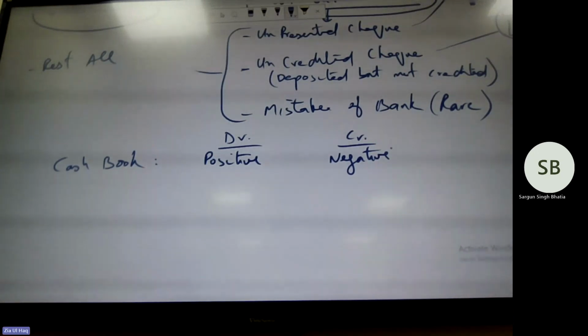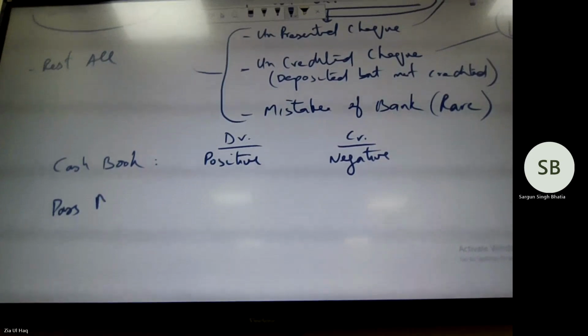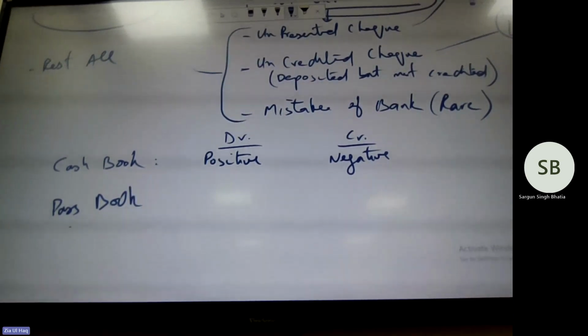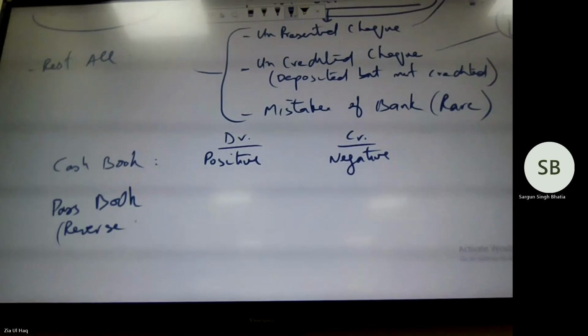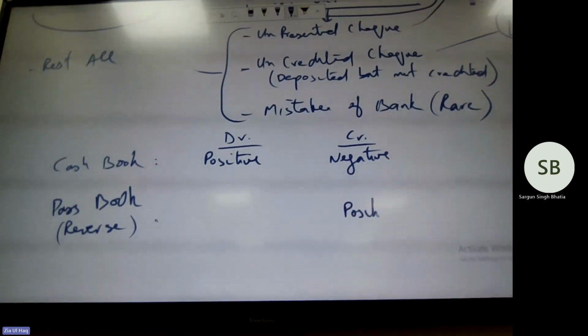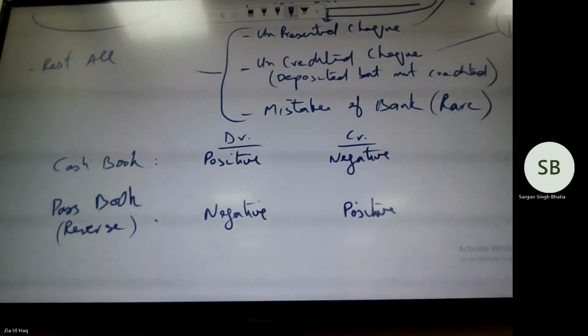In the passbook, the things are in reverse nature. Any positive balance of the passbook will be considered a credit balance, and any negative balance in the passbook will be considered a debit balance.